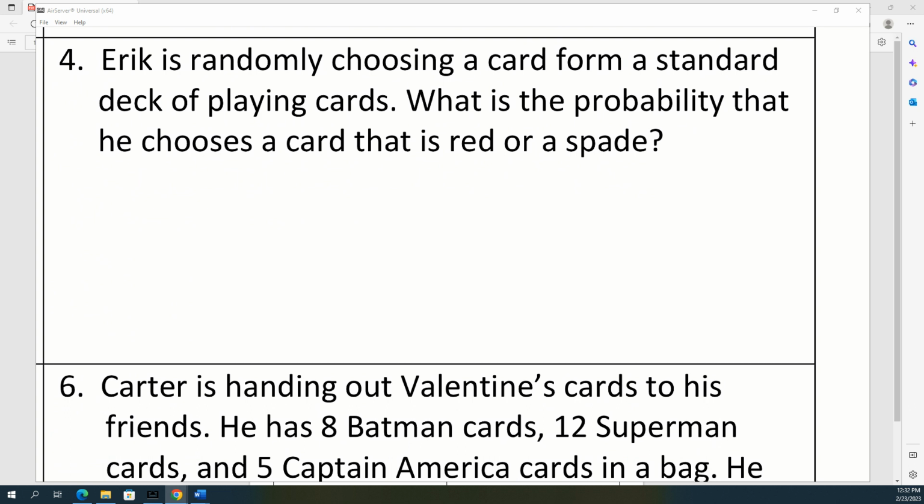So how many cards is he choosing? One card. So we're definitely not going to multiply. So we want the probability of a red or a spade. I'll try to draw a spade, and no promises. It's not really easy to draw a spade.